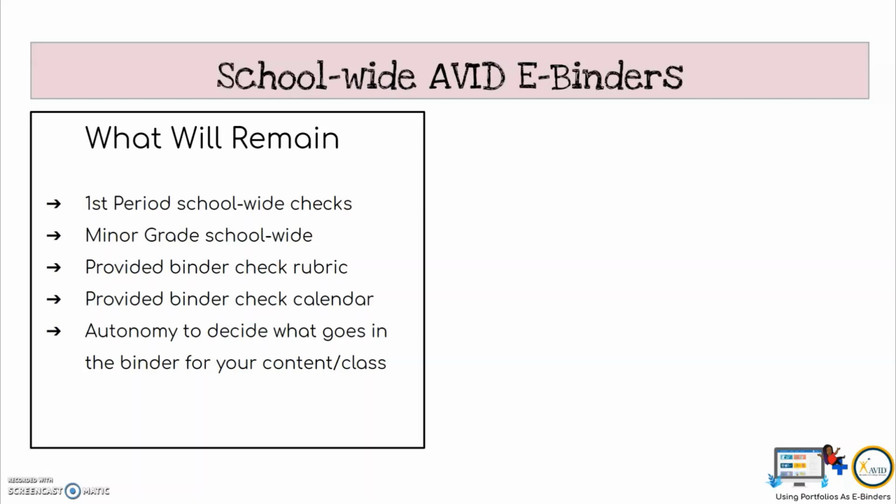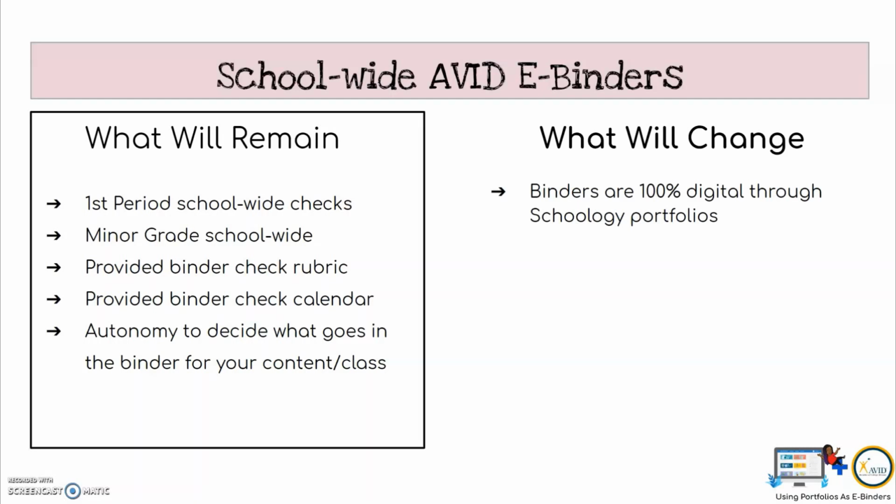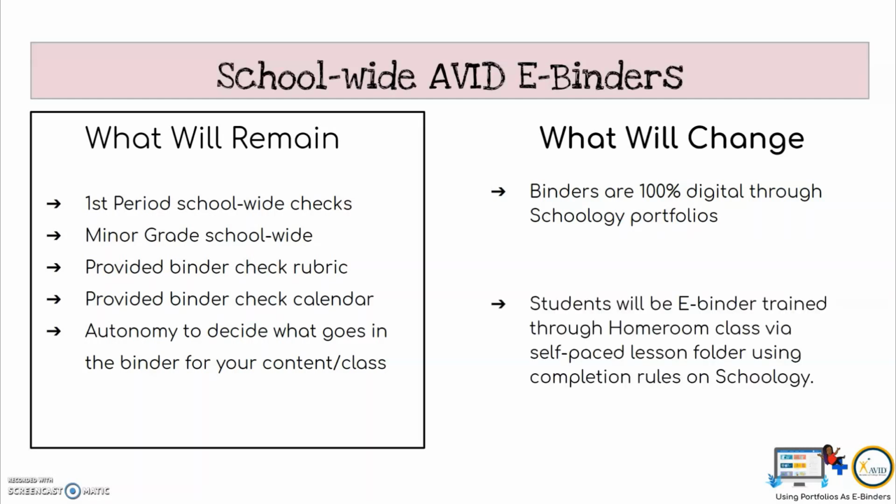So a lot of things that we're doing are going to be exactly the same as we typically do. The only things that are really changing are, number one, of course, binders are going to be 100% digital, and we're going to use Schoology Portfolios. And the second thing is that students will need to be e-binder trained. We're going to do that through our newly implemented homeroom class, where every student in their homeroom class will go through a self-paced lesson folder that uses completion rules on Schoology.